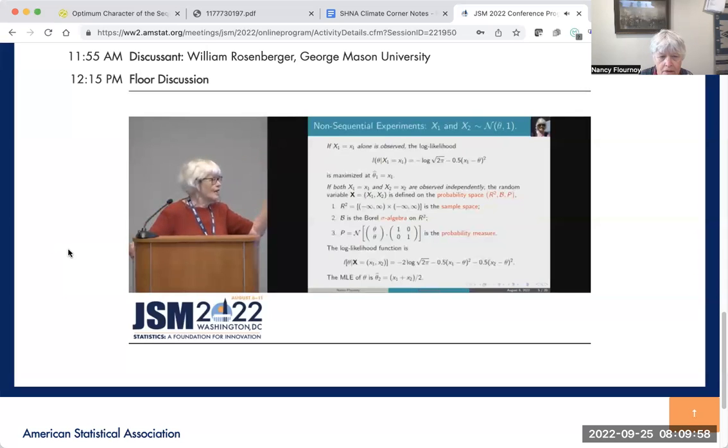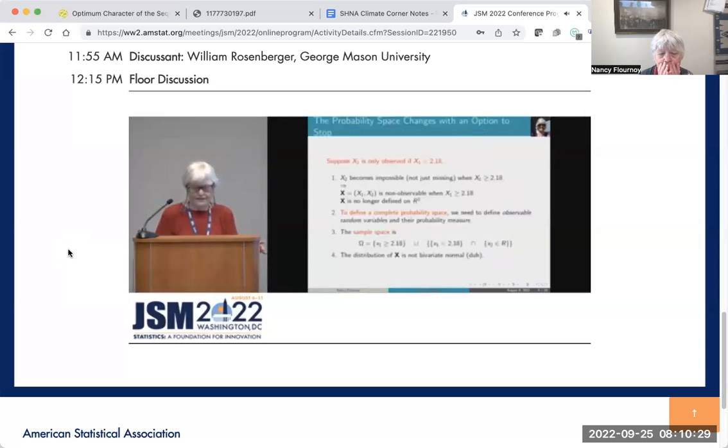And if you're no longer on R2, you don't have a normal distribution, because the normal distribution is defined from minus infinity to plus infinity on the whole range. So right from these statements, some of the problems with assuming everything's normal start to emerge. At the bottom is the log likelihood function for the two independent random variables, and the MLE, as you know, is the average of the two observations.